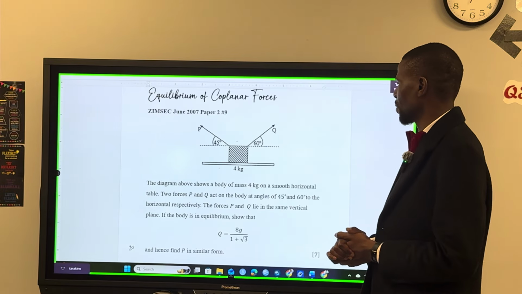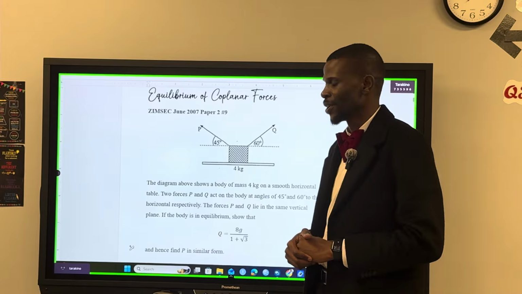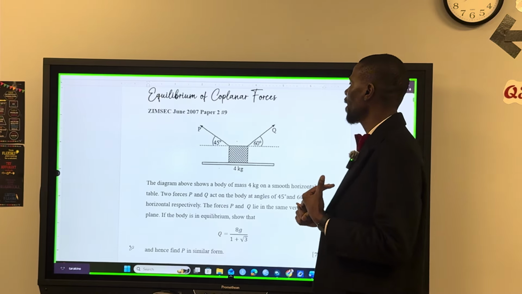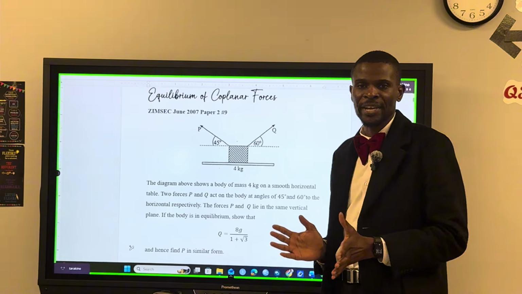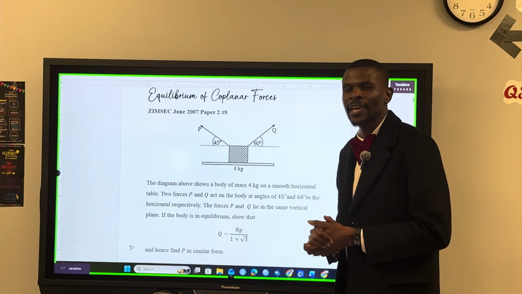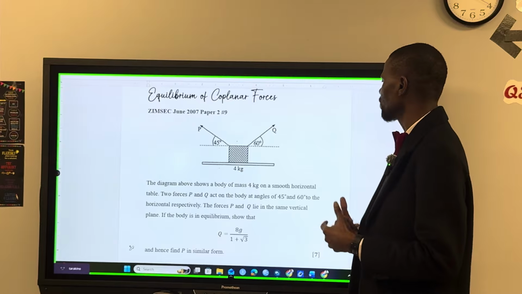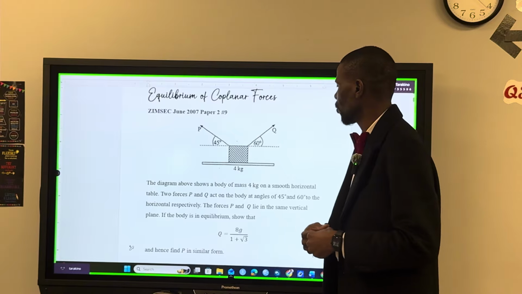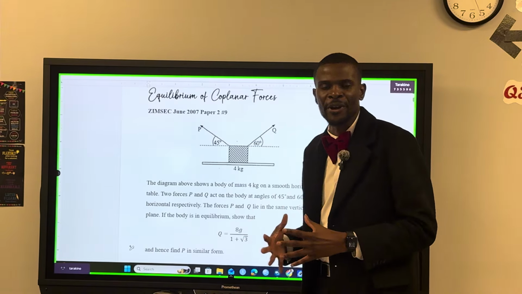Right. So guys, we need to understand this question very well. It requires us to resolve the forces into components. We have horizontal and we have vertical components, right? And also, we need to understand when the question says the body is in equilibrium.